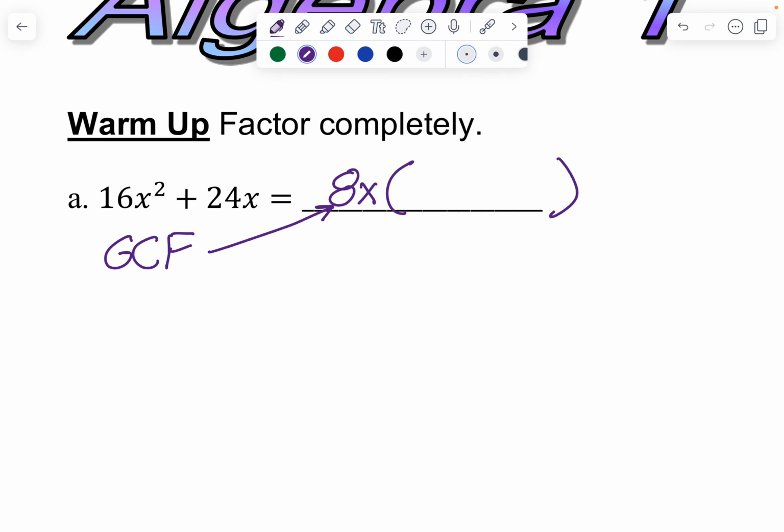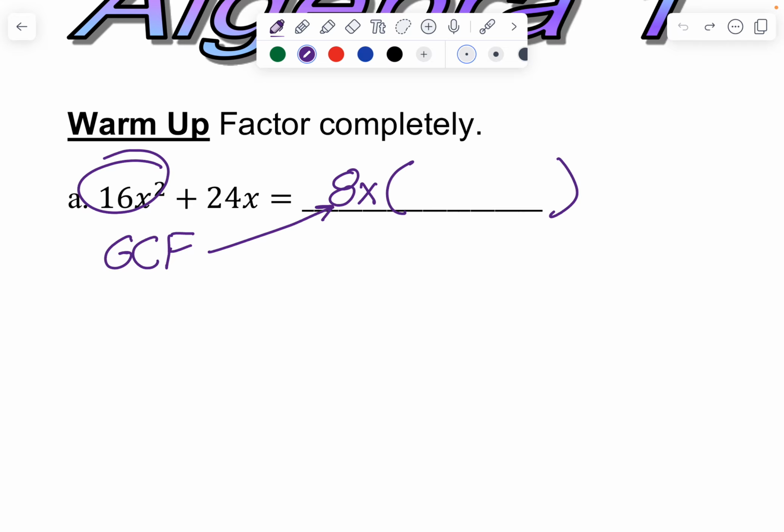So now we figure out what goes inside the parentheses. And there's 2 ways to think about it. You could say 8x times what will give you the 16x squared. Or you can say 16x squared divided by 8x.